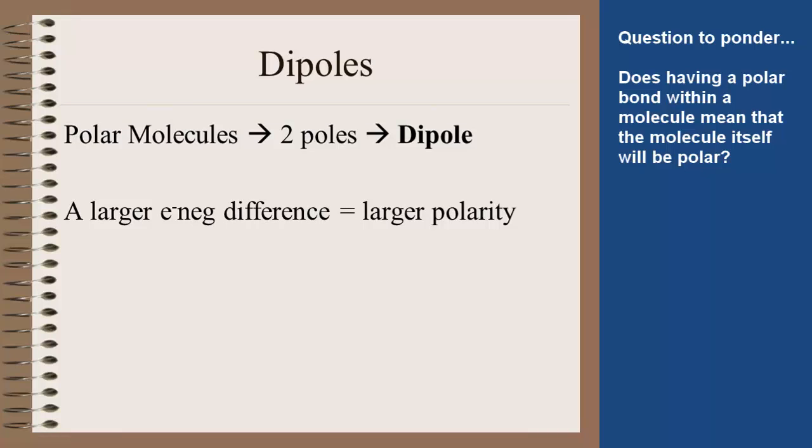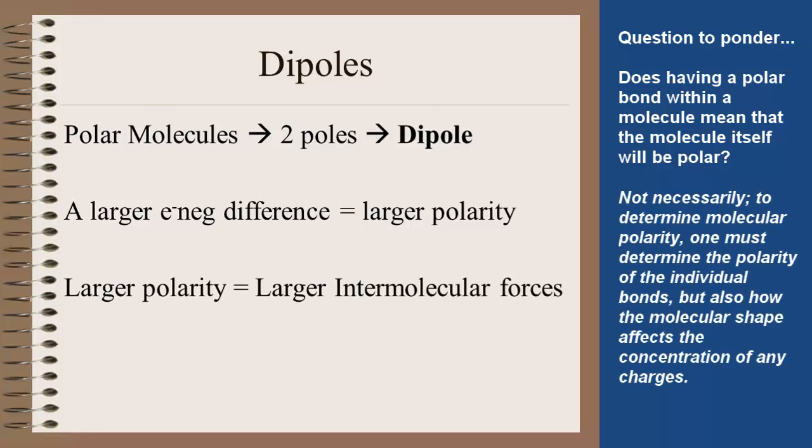Now, how this impacts the characteristics and the properties of our molecules: if you have a large electronegativity difference, but yet it's still being shared, you have a large polarity. So it's almost as if the bond is an ionic bond, but not quite. Well, the larger the polarity is, the stronger the attractive forces, the intermolecular forces, are going to be.